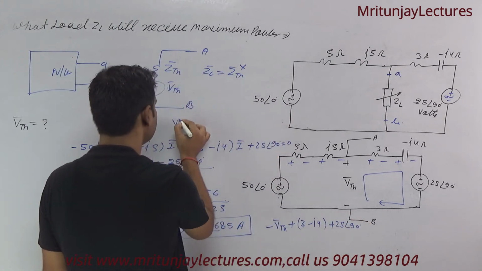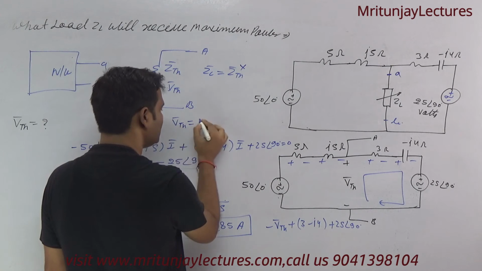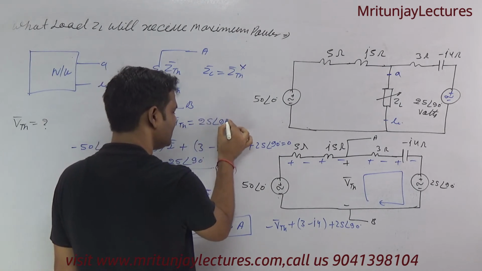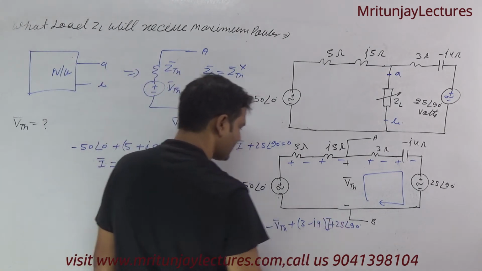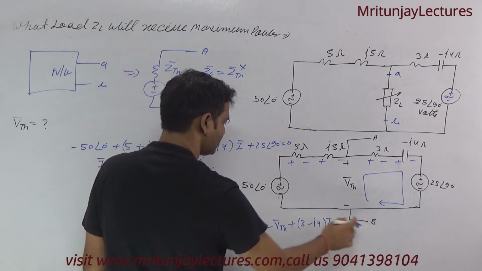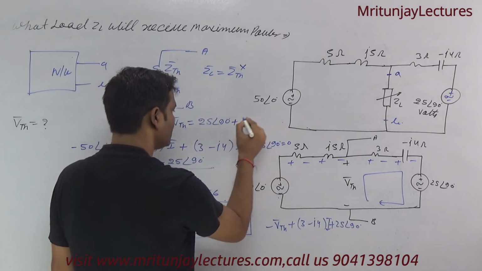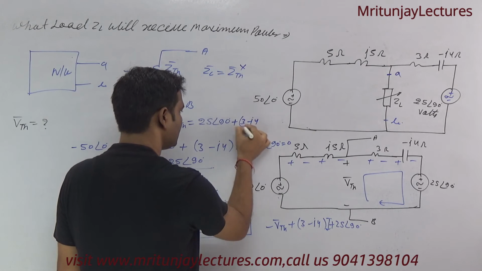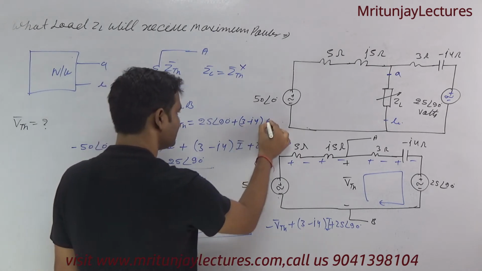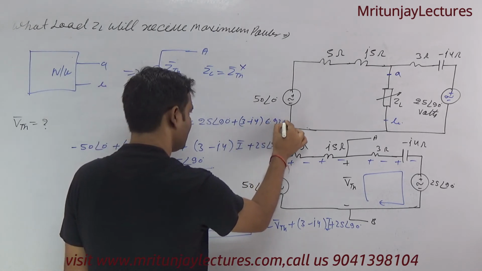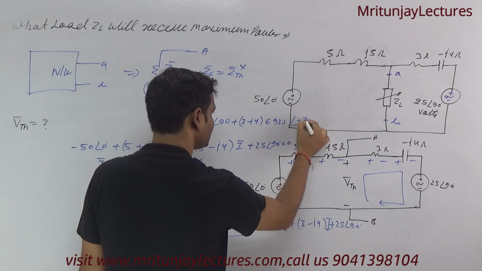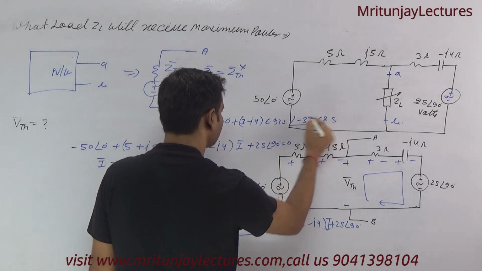So VTH is written as 25 at the angle 90 degree plus (3 minus j4) into I, and I is 6.935 at the angle minus 33.685.